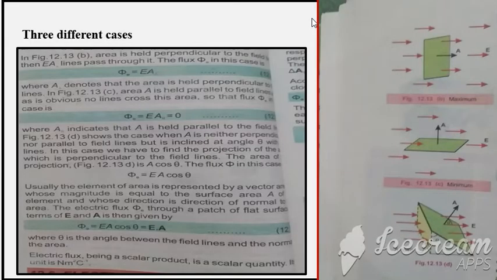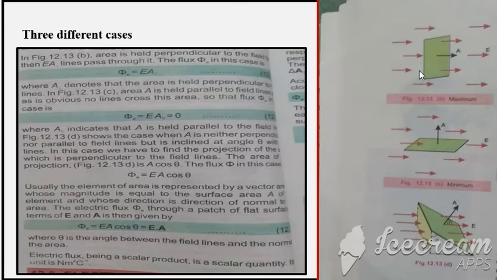Now let us move towards 3 different cases which appear due to the placement of the area, whether they are placed perpendicular or parallel or at some angle showing some inclination.